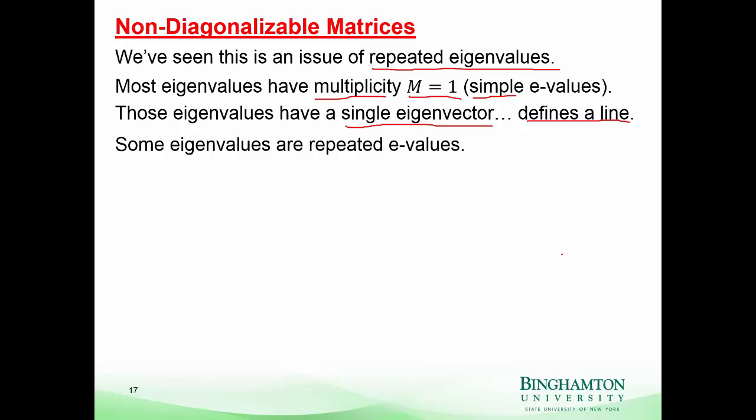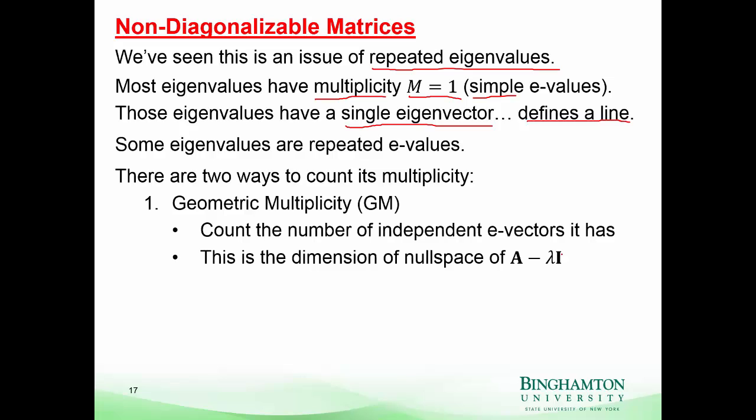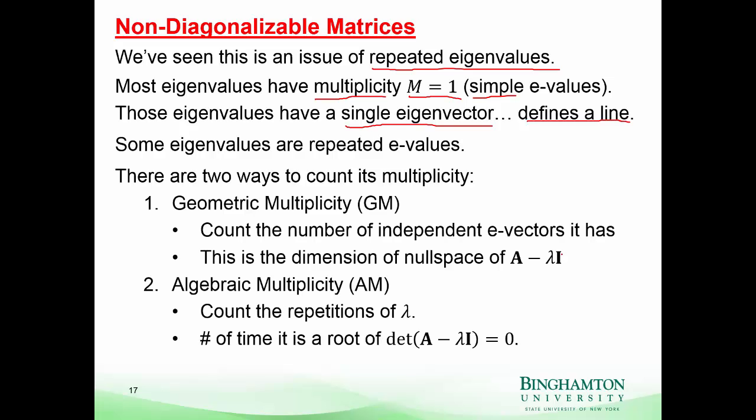But sometimes eigenvalues are repeated, and we have to talk about how we count their multiplicity. Well, the obvious way is to just count the repetitions of lambda. We'll call that algebraic multiplicity, or AM. It's just the number of times it's a root of this equation.